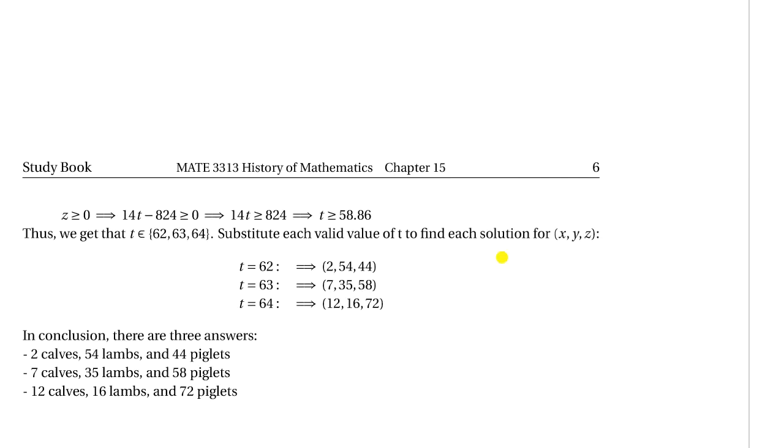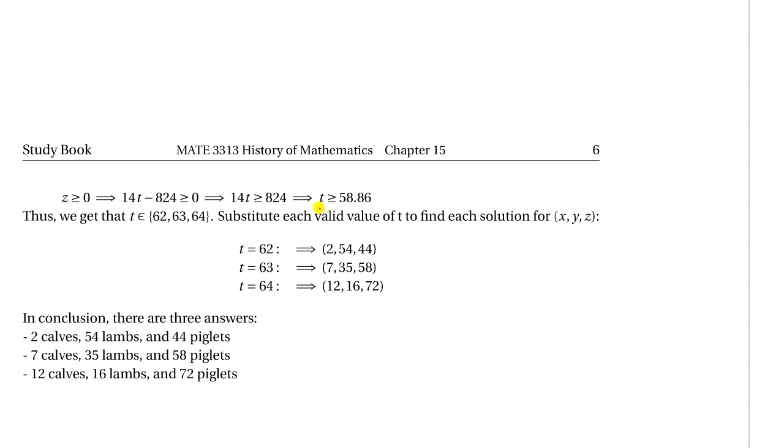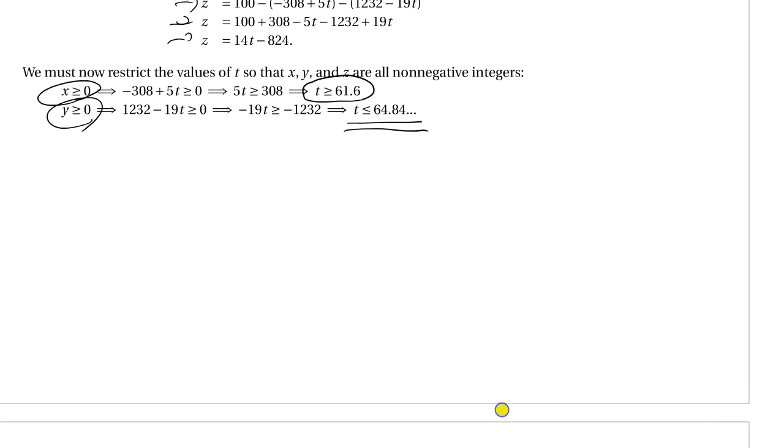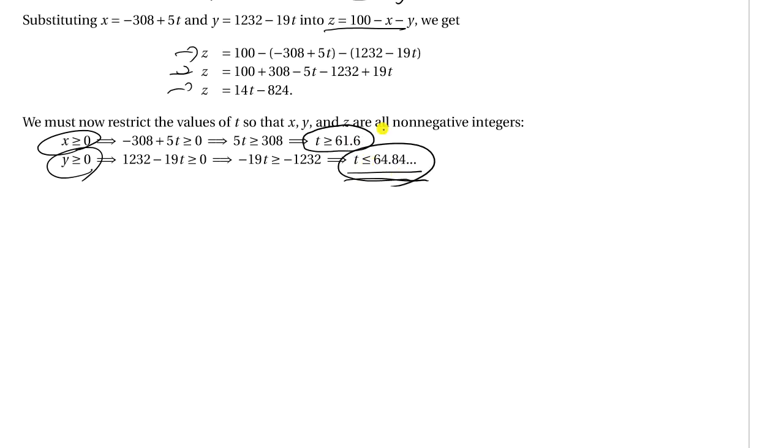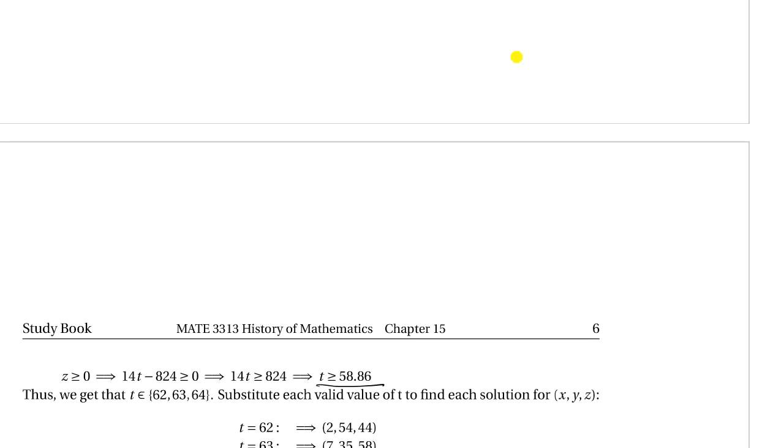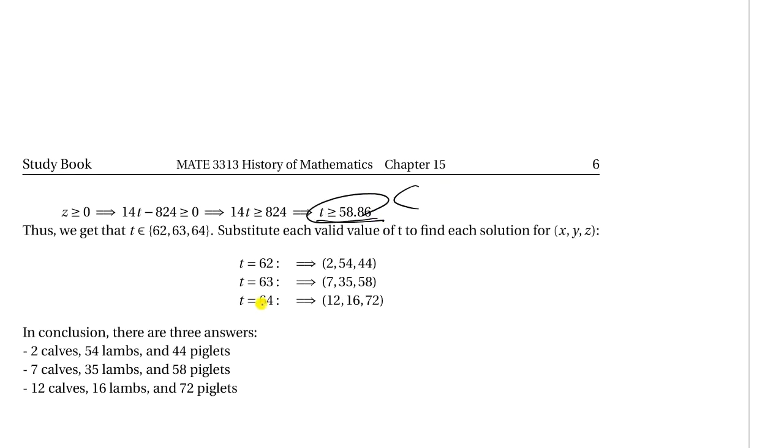And z is greater than or equal to 0, satisfying t must be greater than or equal to 58 something. So if you put those three conditions for t all together, then 62, 63, 64 are the only t values satisfying those non-negative conditions for x, y, z.